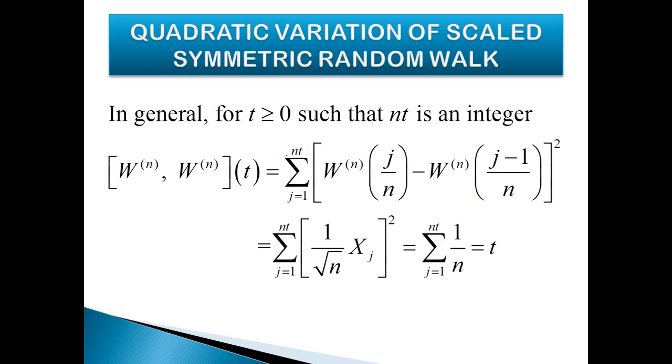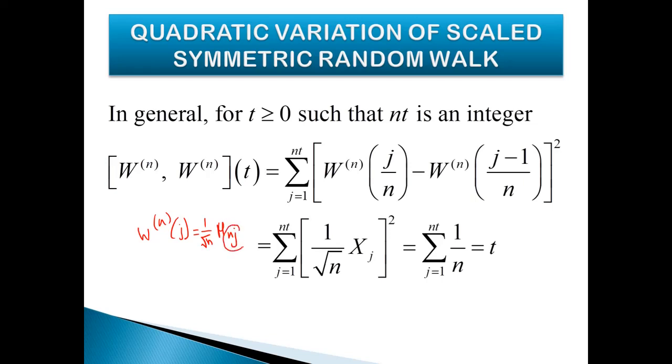In a natural way it should be the sum of (Wn(j) minus Wn(j minus 1)) squared, but the problem is that when you consider Wn(j), it means 1 over root n times M(nj).